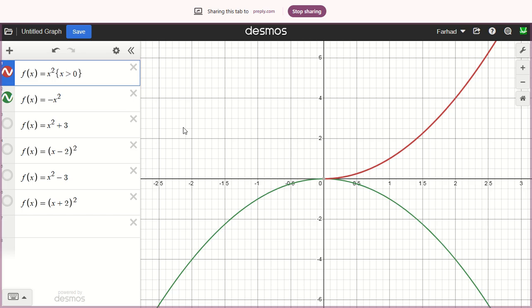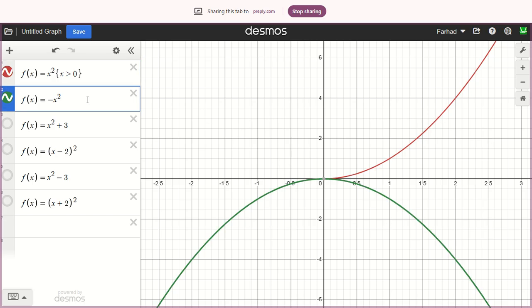For this one, the red one, the graph starts from 0, right? The values for this graph are only x, right? The values for the red one, the values of x, are considered only positive values of x. That's why there is no portion over the left side.